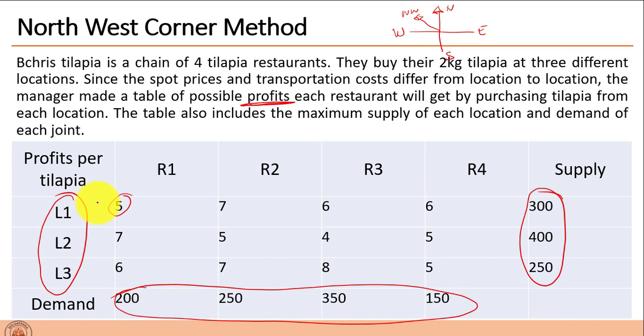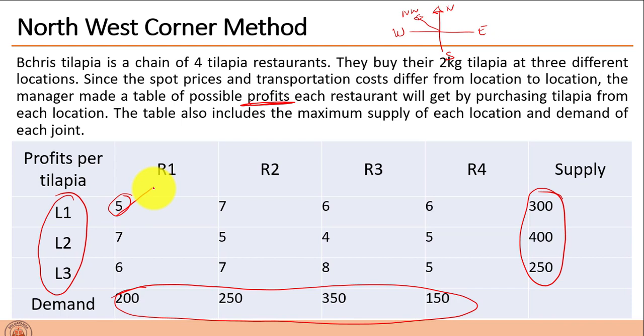If that is the case, it means that we are going to start with restaurant 1 and location warehouse 1. Location 1, that is the warehouse, has 300. They are able to deliver 300 to us. The first restaurant can take only 200.